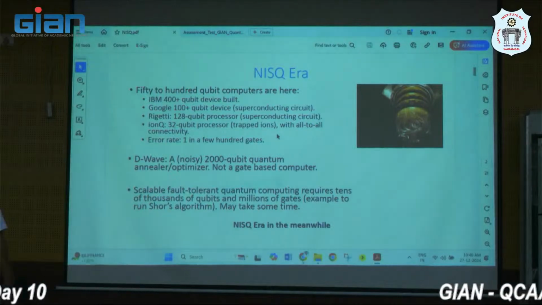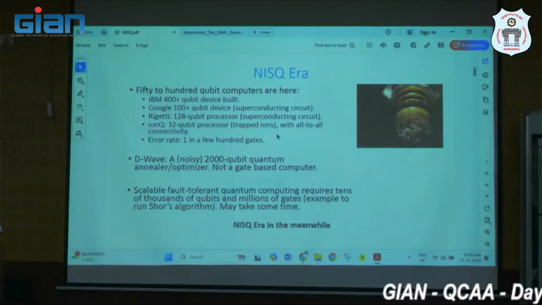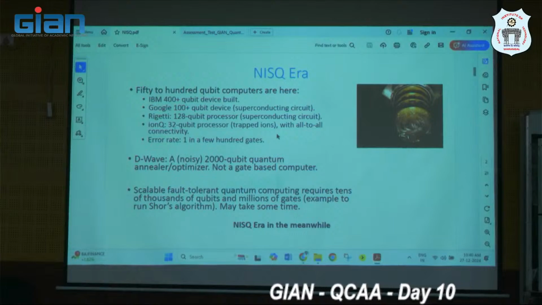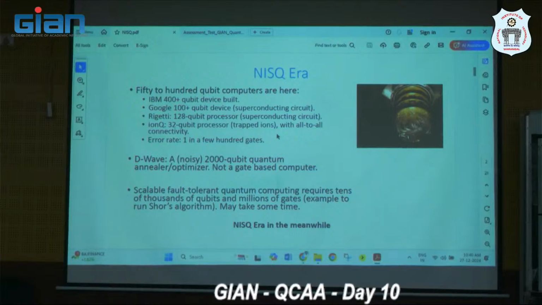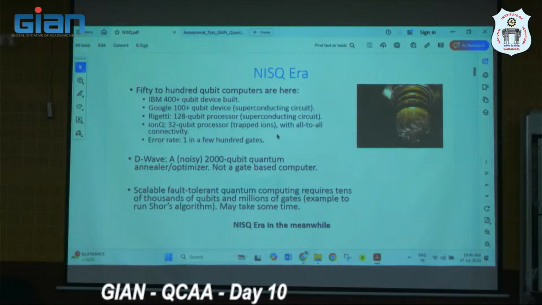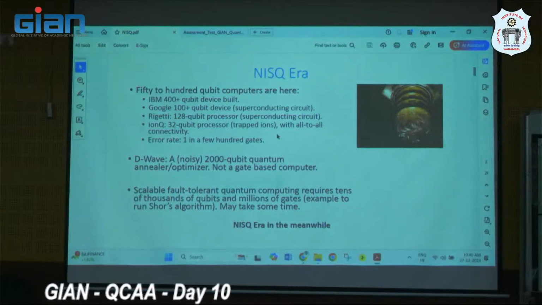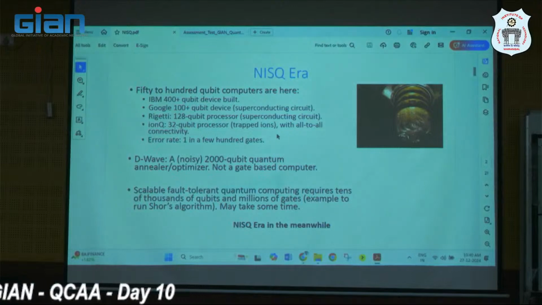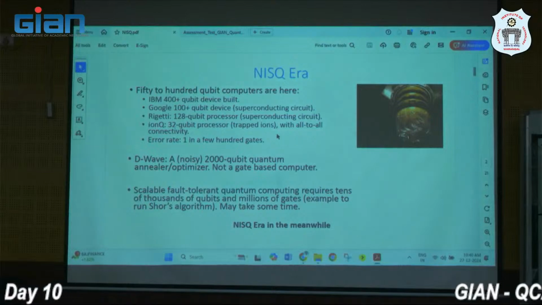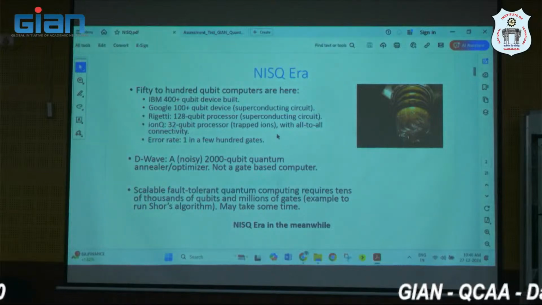So they don't need much error correction for classical computing. However, in quantum computing, you have to do error correction, because each qubit, each gate will interact with the noise environment.